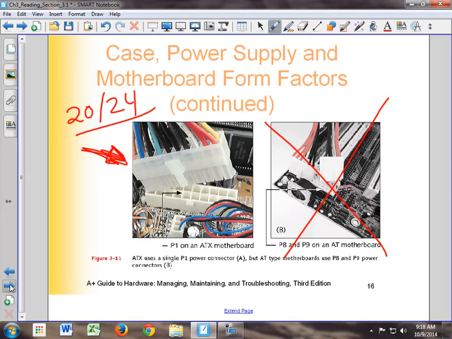So although this works, has the same plug as this one does, has the same voltages on it as this one does, it won't work. That's because it's the wrong form factor. So we've got this plug that plugs into the motherboard. It's called the P1 plug.